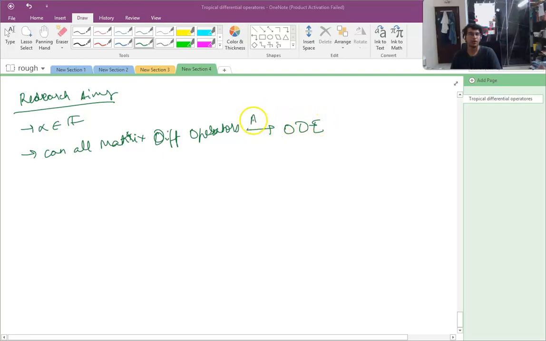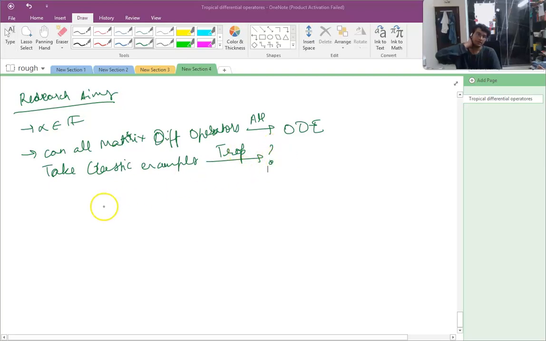We need to prove that all matrix operators can be converted to ODEs, and if we can, then we take some classic examples, tropicalize them, and study their counterparts.